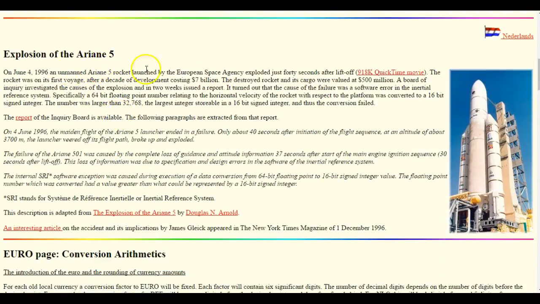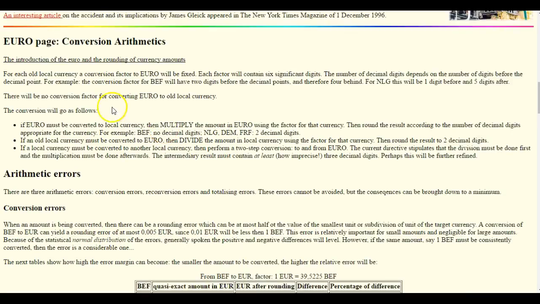There was an explosion of the Ariane 5 rocket, June 4th, 1996. Again, there was a calculation error. The destroyed rocket and its cargo was worth $500 million. There was a Euro page on the conversion of arithmetics.